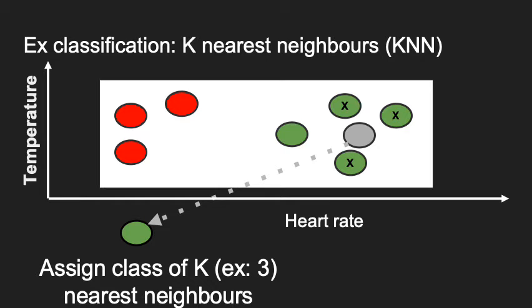If you get a new point and you want to assign a class to that new point and you don't know its class, you just plot it into your 2D space here, and you look at the class of, for example, k equals 3, its 3 nearest neighbors. And then it's a vote, basically a majority vote. Here all 3 neighbors are green, so you would assign the green class to that point.